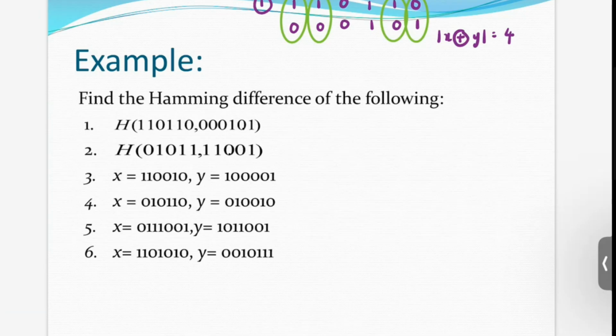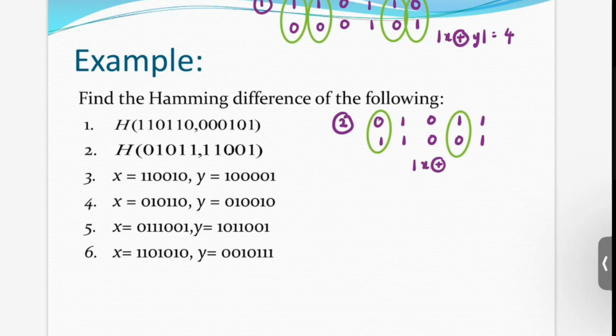So how about number 2? Number 2, you have 01011 and 11001. Look at the differences: 1, 2. So the Hamming distance between x and y is equal to 2. Okay, try another one.